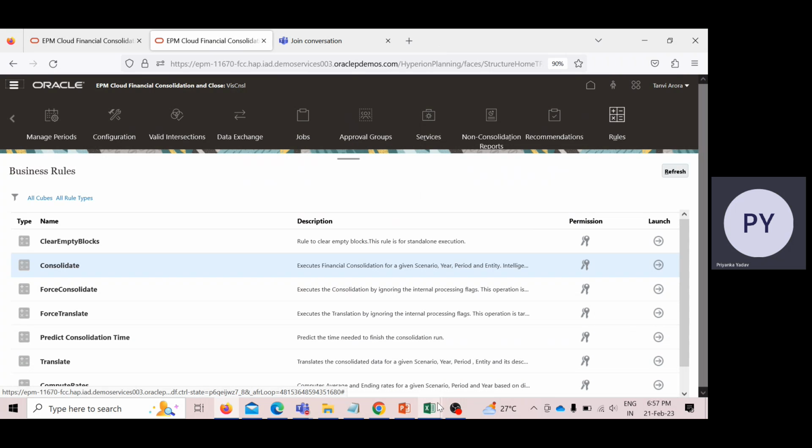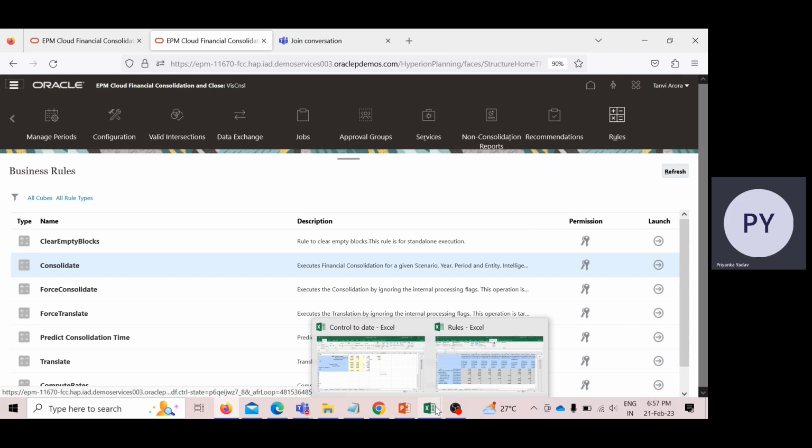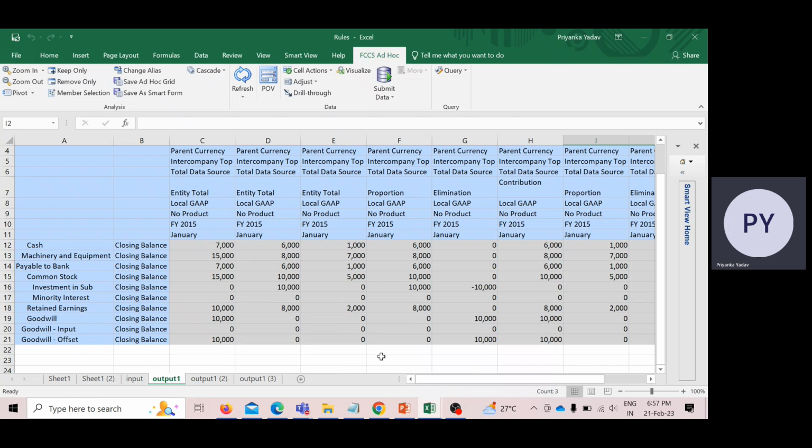Okay, now after the consolidation ran successfully, let's go to this sheet. I will refresh it. Now you can see changes in owner's equity. Common stock is now aggregating on the top, which has to be only of the holding company, which is correct now.